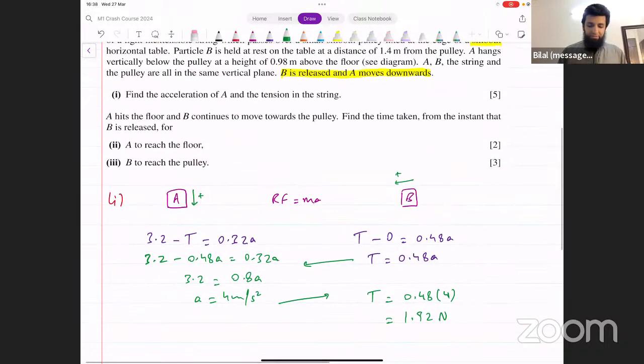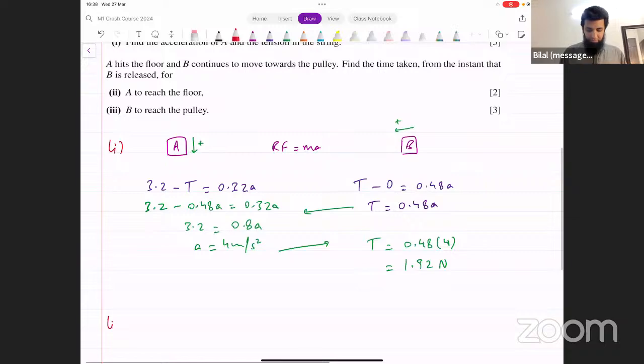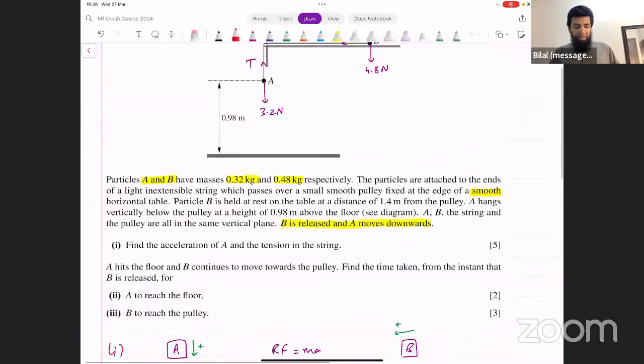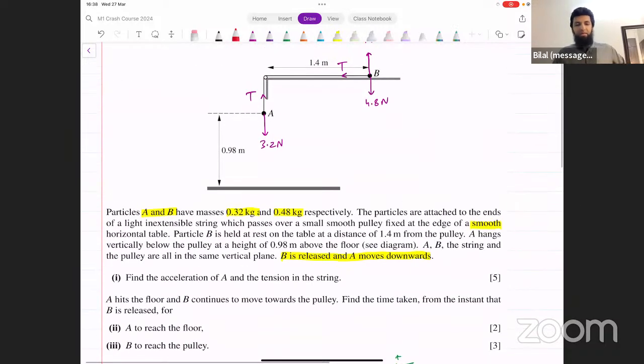Now it says, A hits the floor and B continues to move towards the pulley. Find the time taken from the instant that B is released for A to reach the floor. Okay.